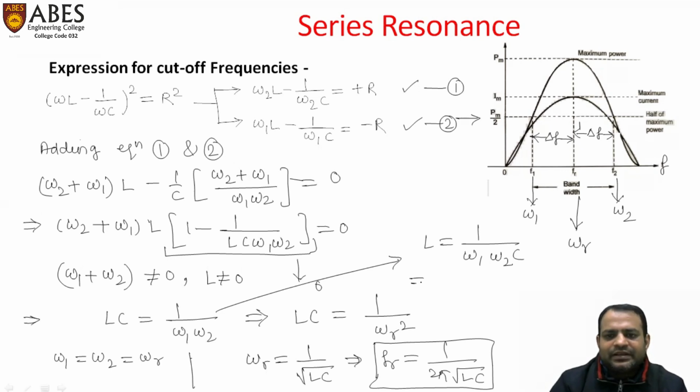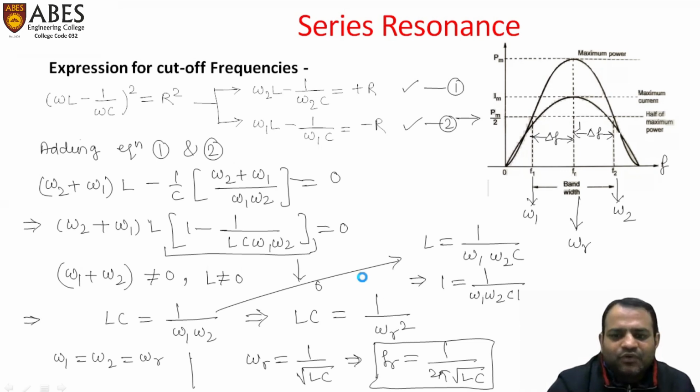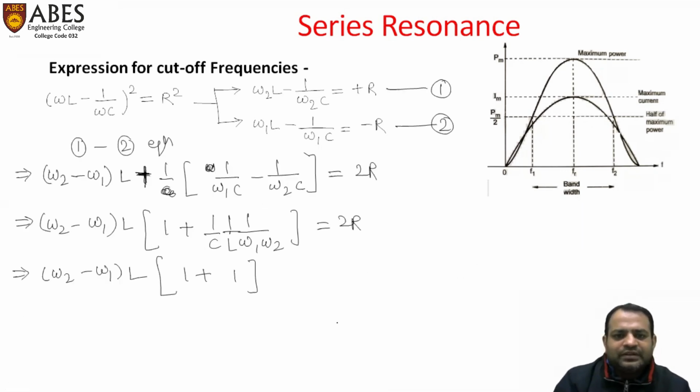Or we can say 1 is equal to 1 upon omega 1 omega 2 C, which is equal to 1. We are putting here 1 is equal to twice of R. So what is the value of omega 2 minus omega 1?